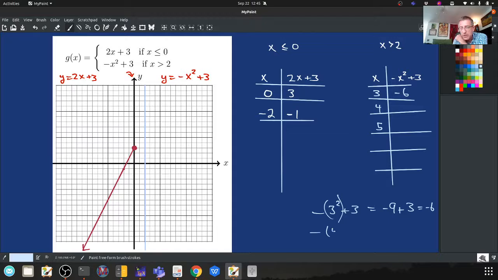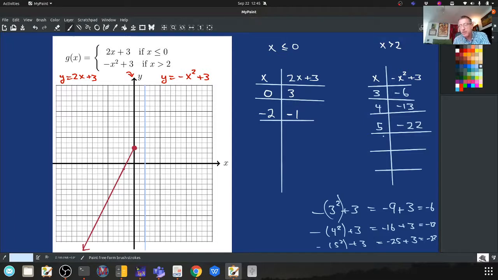Minus 4 squared plus 3 is minus 16 plus 3, which is minus 13, and minus 5 squared plus 3 is minus 25 plus 3, which is minus 22. So we have the points 3, minus 6; 4, minus 13; and 5, minus 22.